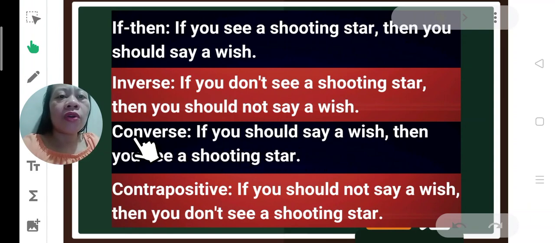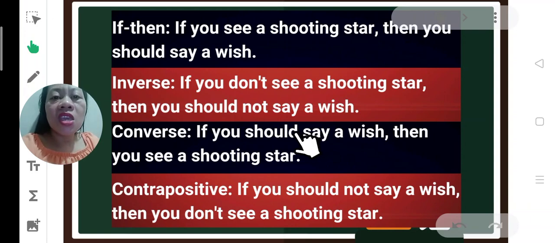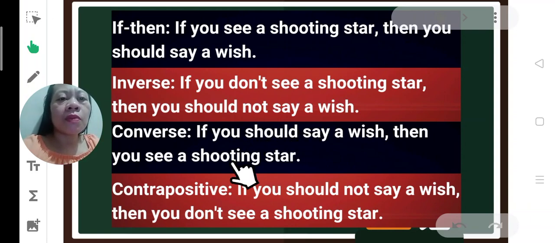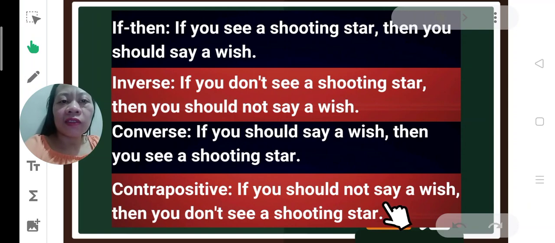So the whole converse form is: if you should say a wish, then you see a shooting star. For the contrapositive, just negate this converse form, or give the opposite of it. So we have this one: If you should not say a wish, then you don't see a shooting star.